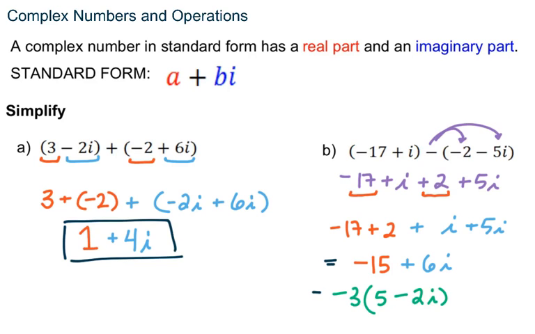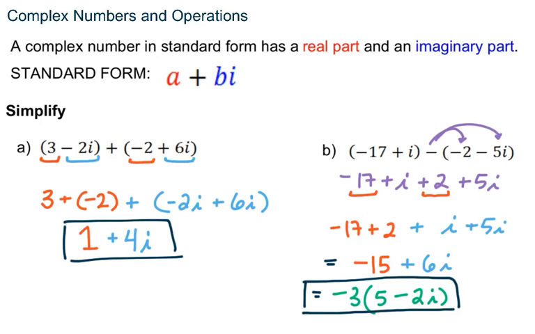So either of these two answers are completely acceptable, although moving forwards in algebra and towards trig and calculus, we're always looking to factor and simplify when possible. So here, -15 plus 6i would be perfectly acceptable in the computer for your homework, but recognizing there is a GCF and factoring that out is important moving forward.